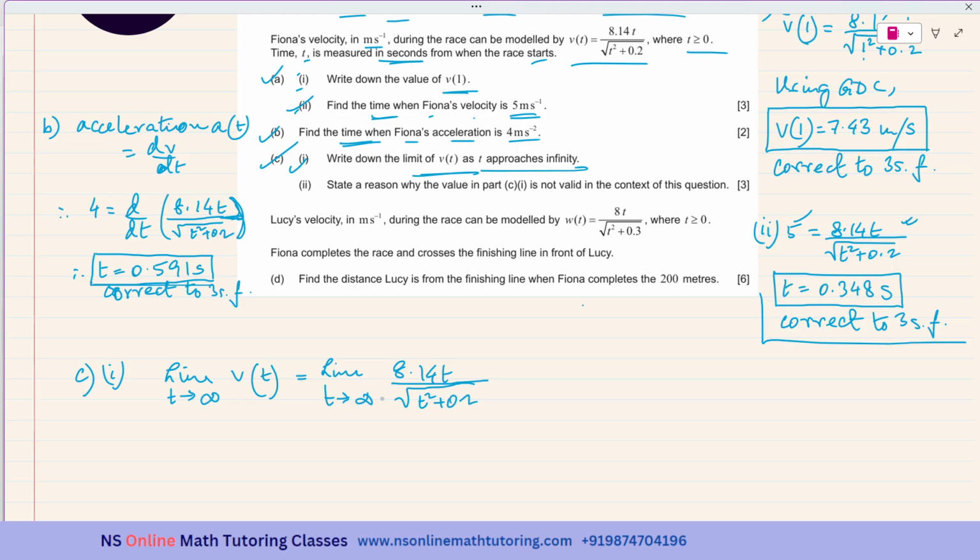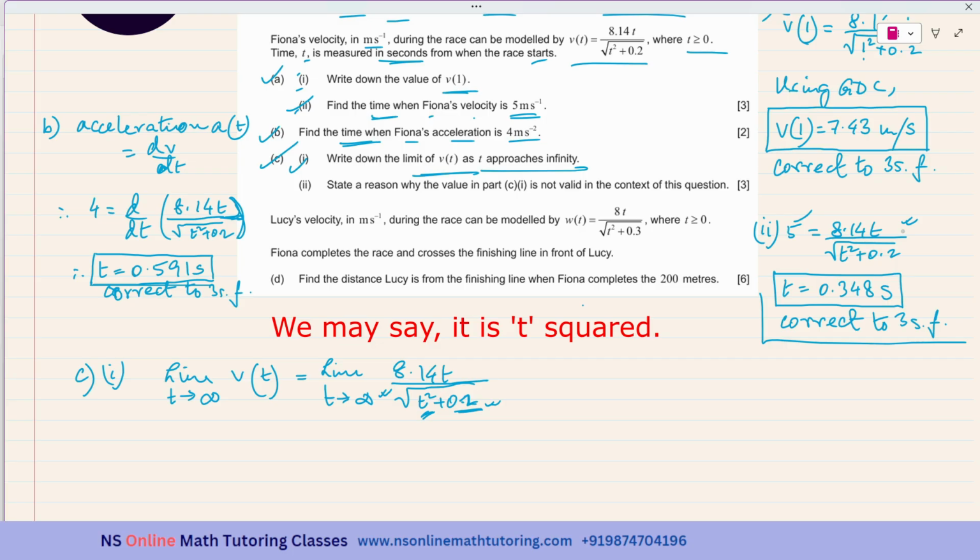Now, t tends to infinity, that means it is a very, very large number. So t is as such a very large number and it is getting squared. You can imagine how large this is. So adding 0.2 is not creating any difference. This 0.2 is very insignificant as compared to the magnitude of t square. So adding 0.2 to t square is almost equal to t square.